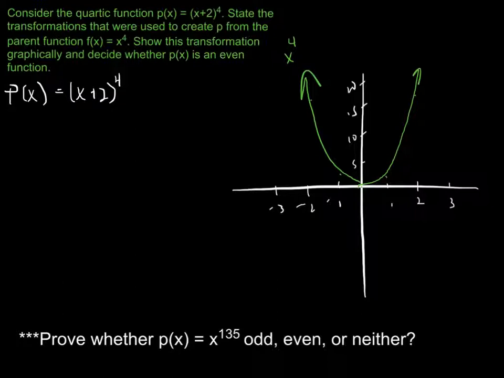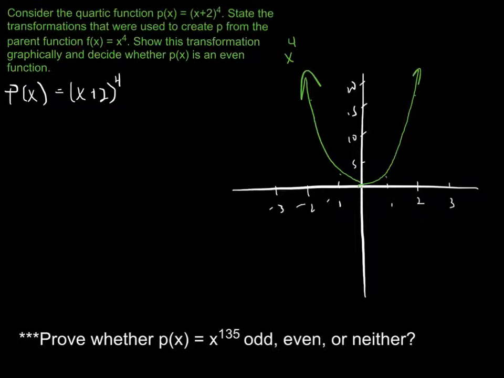I think the most helpful way to consider a transformation is to consider what happened to one individual point. Because if we know what happened to one individual point, all the other points have to have had the same thing happen to them, because this quartic function will have the same basic shape, so they'll all have to translate or transform in the same manner.